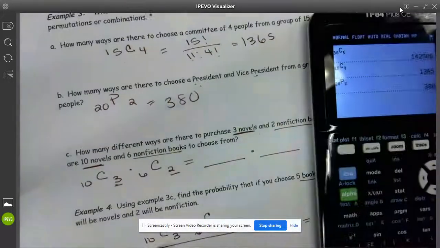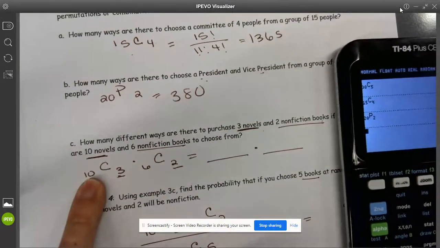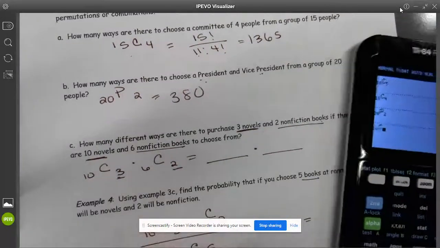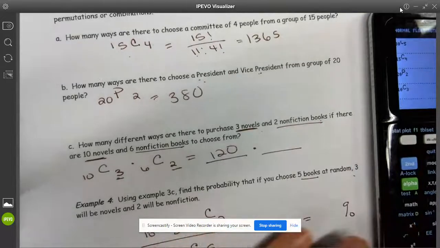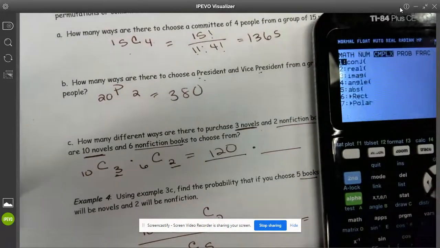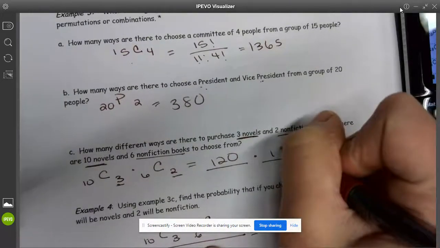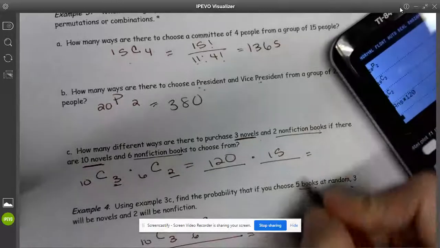And here, this is going to end up being 10C3, which is 120, and then 6C2, which is 15. And when you multiply them together, you're going to get 1,800.